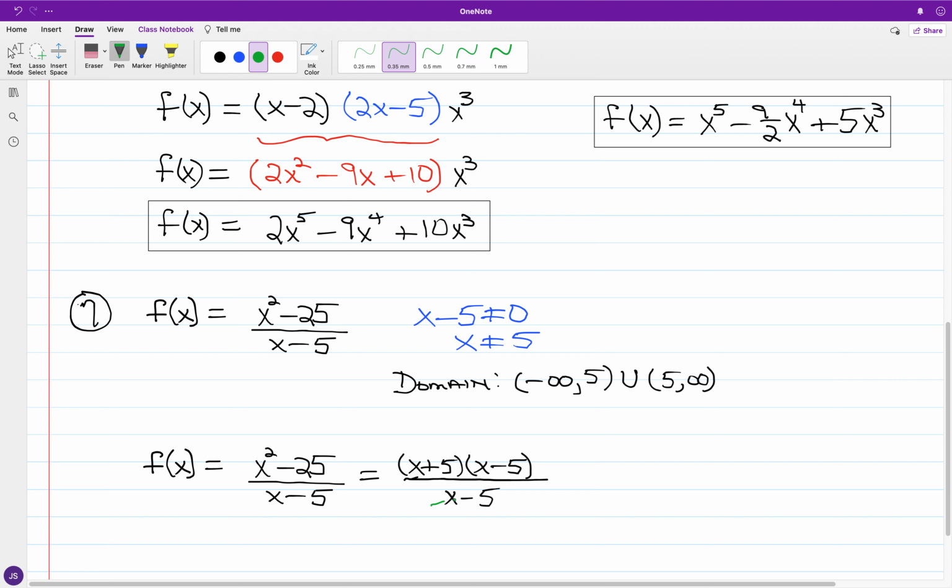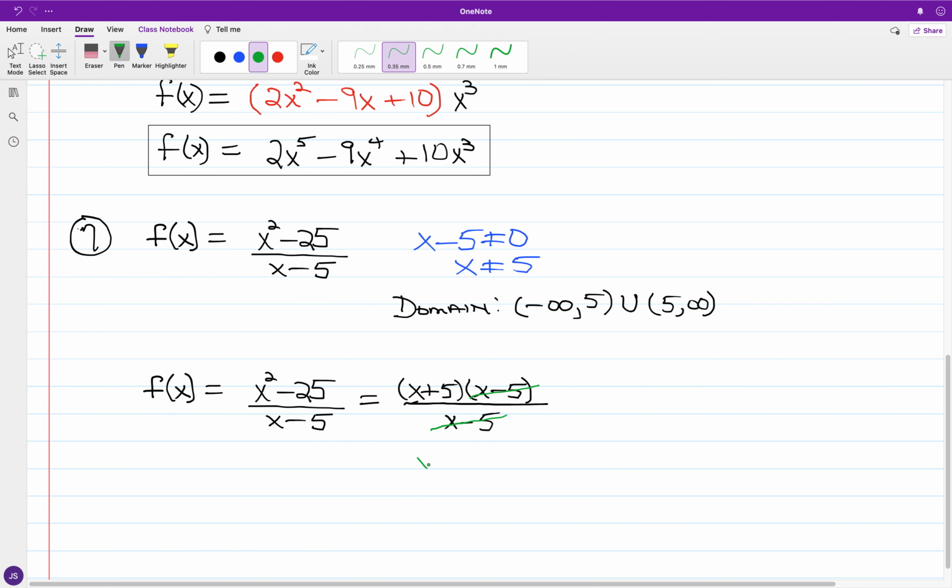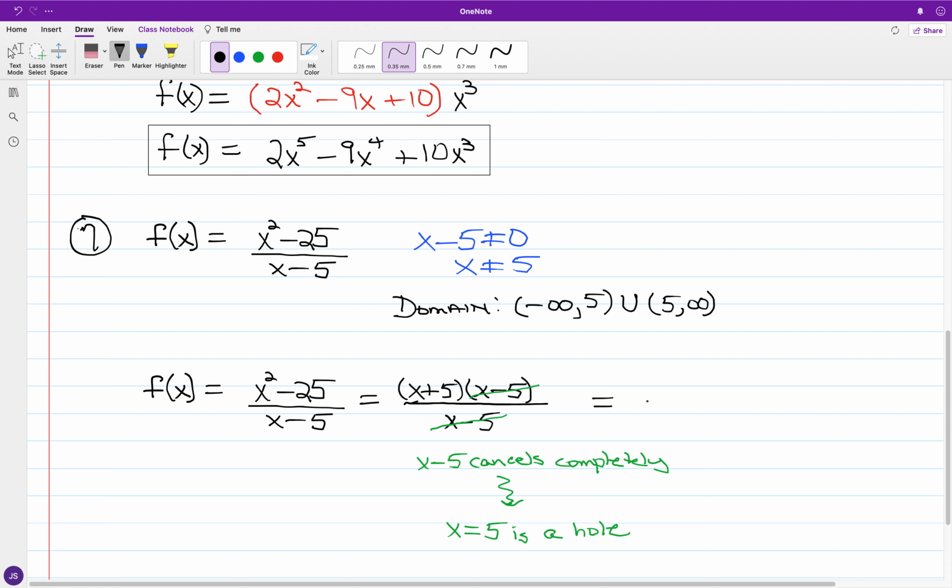And if you notice, the denominator x minus 5 is going to cancel. Since x minus 5 cancels completely, this means that instead of being a vertical asymptote, x equals 5 is going to be a hole in the graph. And this function is going to reduce to x plus 5.